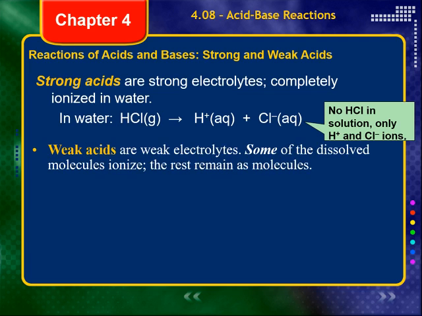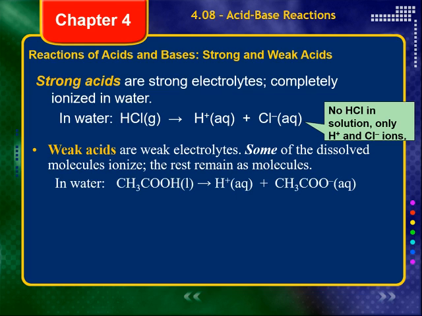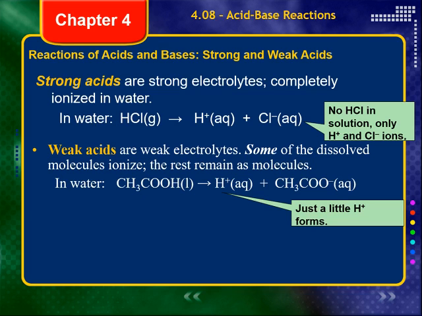But if I have a weak acid, those are weak electrolytes. So some of the dissolved molecules ionize, the rest remain as molecules. An example would be acetic acid. Acetic acid is an acid because it does donate some protons. Some H+ go into solution, but just a few, not all of them.